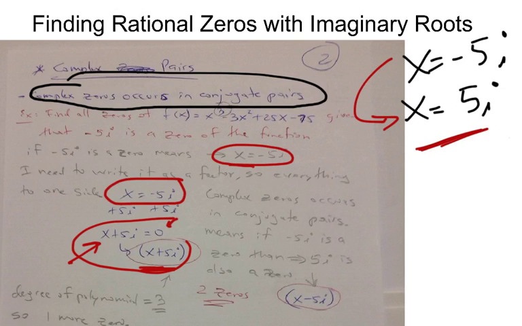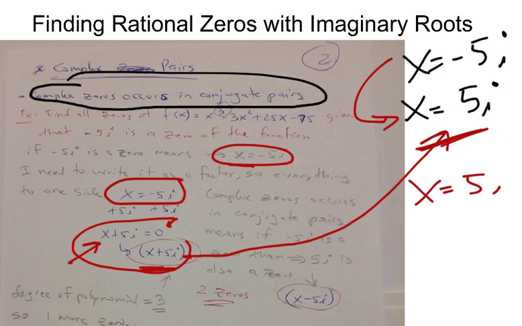Once I have one of the factors, I'll do the same process with the other root. I have x equals 5i. I want to make it a factor, so I'm going to bring minus 5i to both sides. On the right side, I'm going to have 5i minus 5i equals 0.